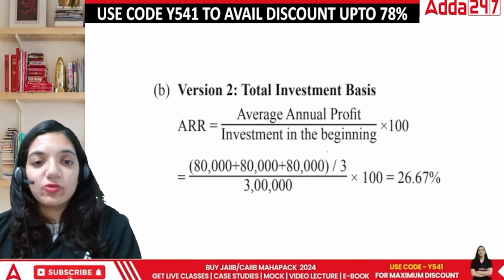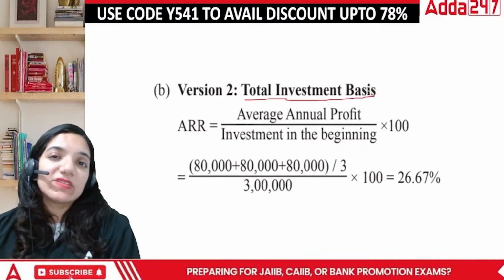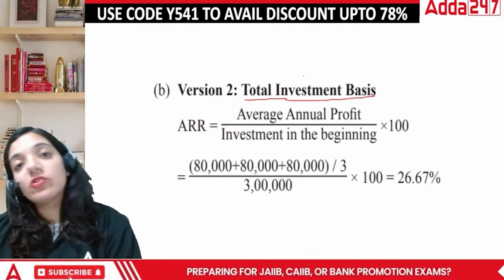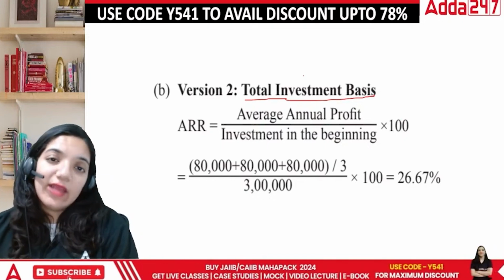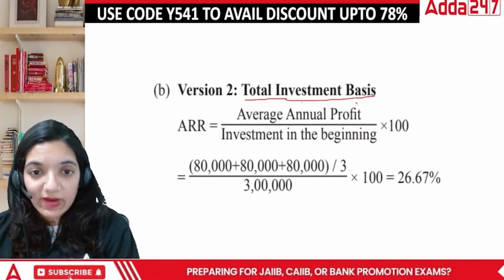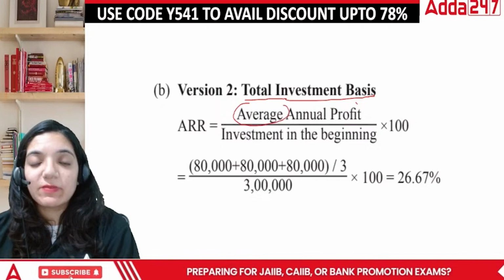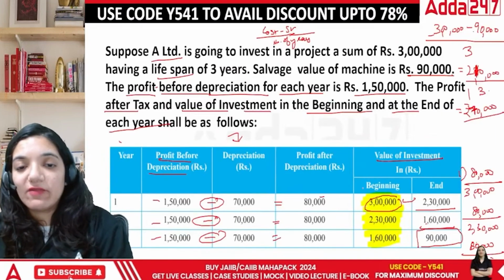That means total investment basis. Total investment basis means take up your total profit and total profit converted into average, and then average annual profit divided by only the investment in the beginning. How do we find the average, everyone?